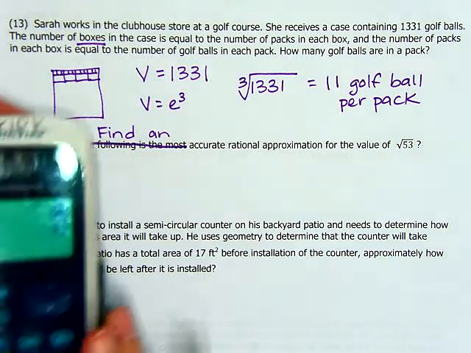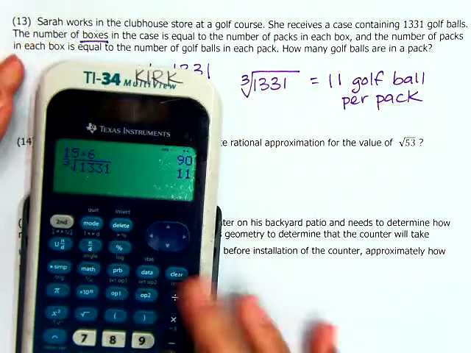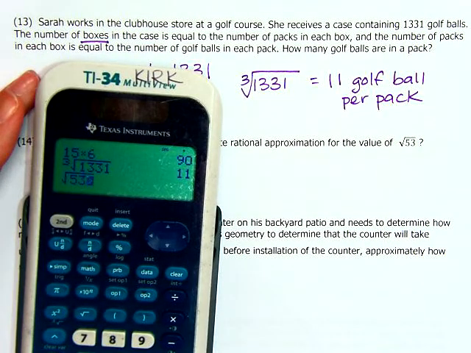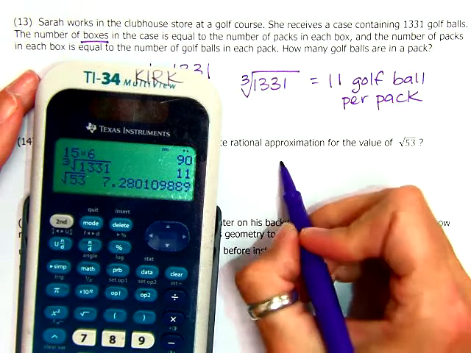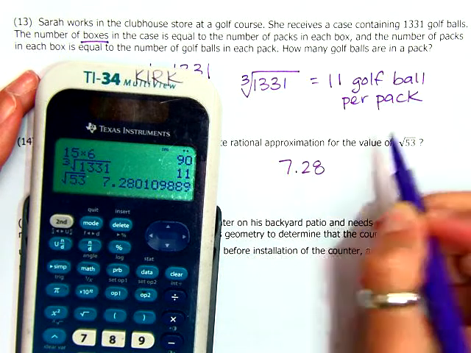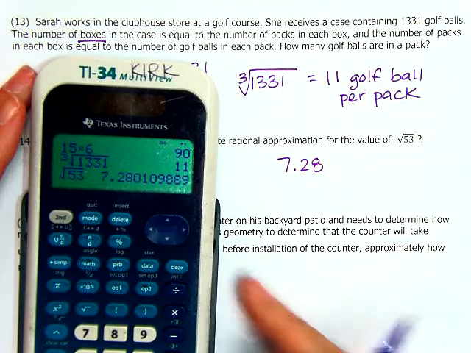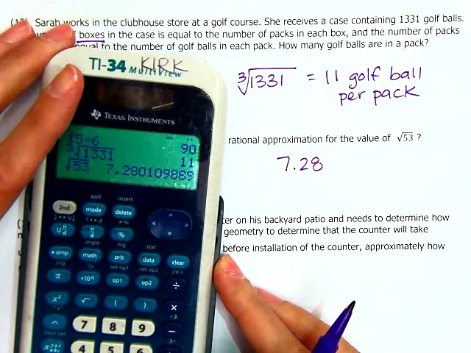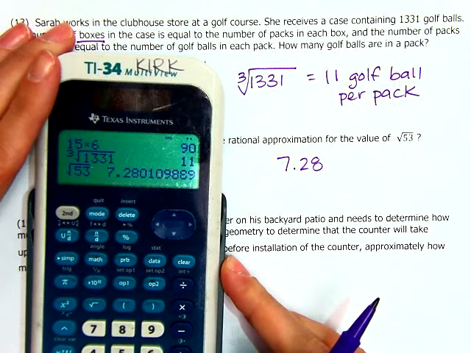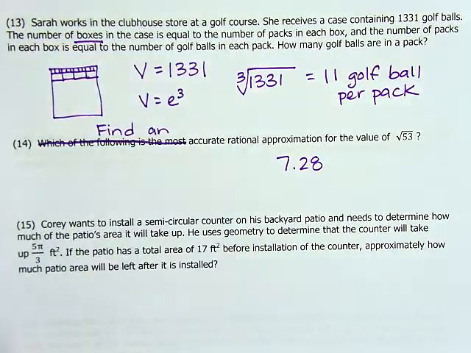So let's see if we can put that in our calculator. Square root 53 gives me 7.28. And so hopefully there's some choice. It's either 7.3, 7.28. And if it's a whole number, I would round to 7 instead of 8. So I would pick 7 if it was only whole numbers.